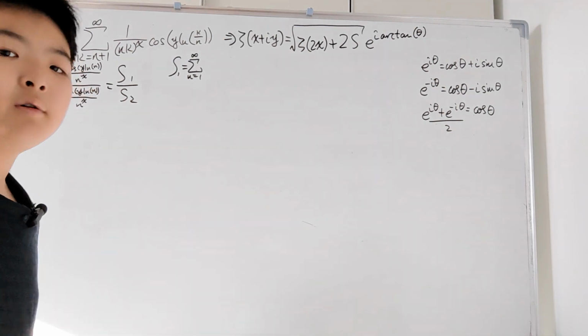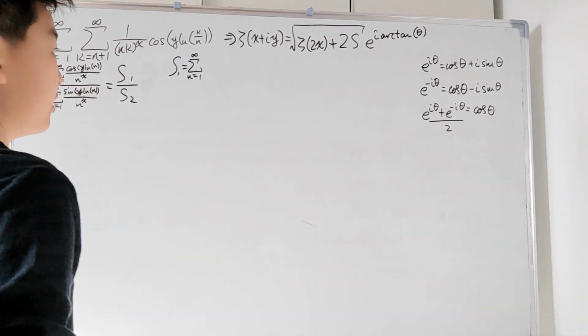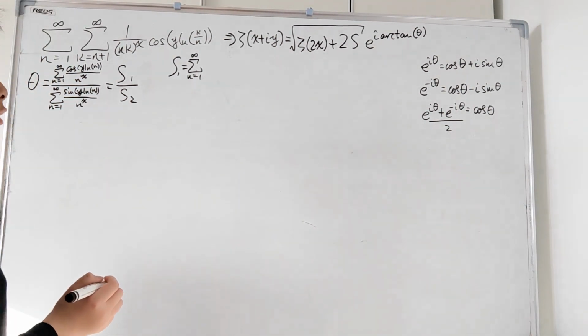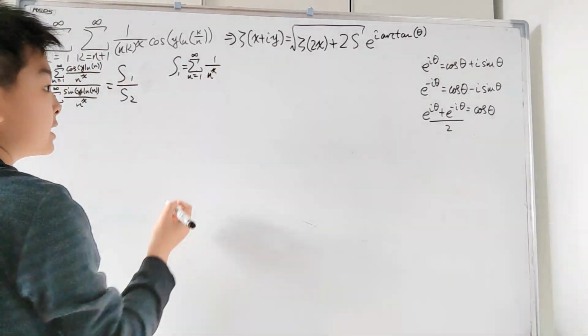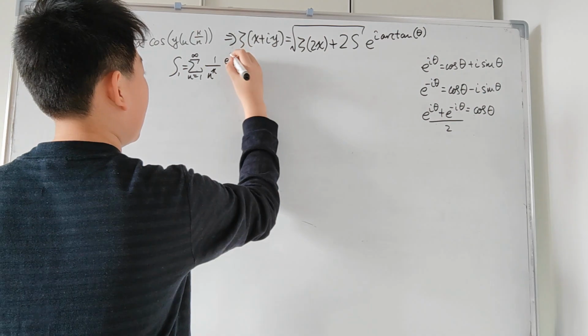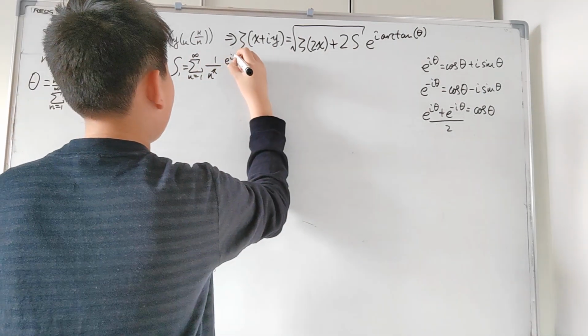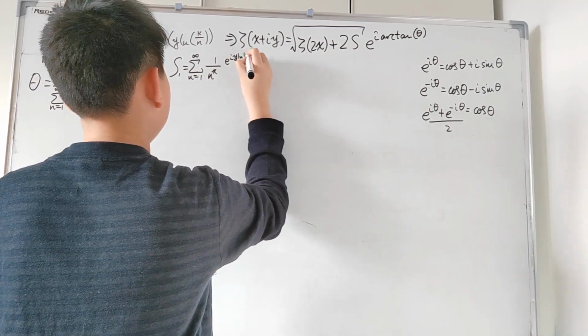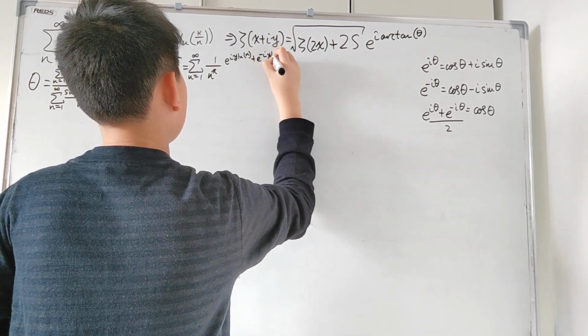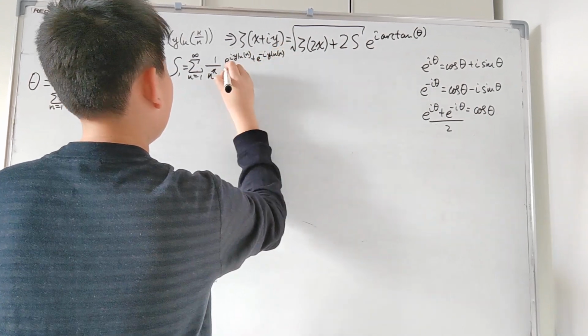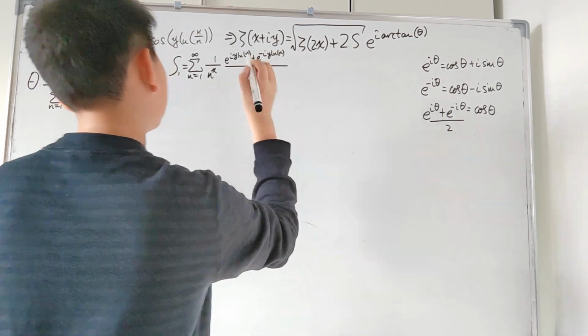This is well known already, so I might have just wasted a lot of your time, but I wanted to get it clear for those who don't know. We have 1 over n to the x, and then we have e to the i theta, where theta is y natural log of n, plus e to the negative i y natural log of n, over 2.